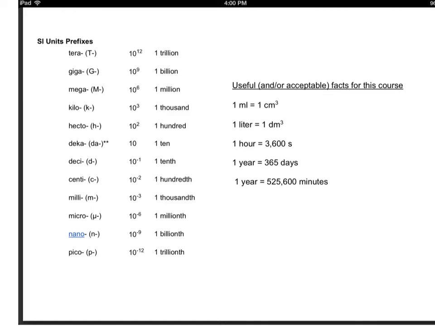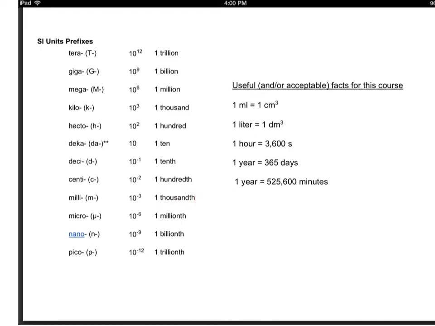So we can use prefixes to describe the particular unit we're talking about. For instance, if we're talking about a kilometer, then 1 kilometer is essentially 1,000 meters. Or maybe we're talking about a millimeter, which means that 1 millimeter is 1,000th of a meter.